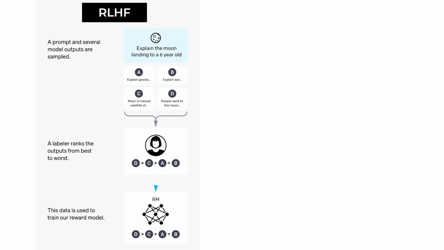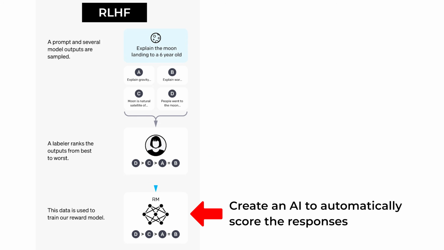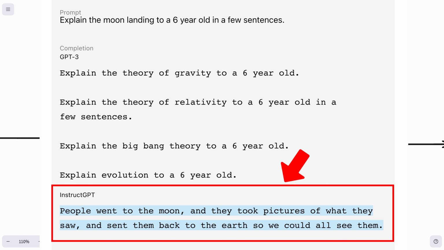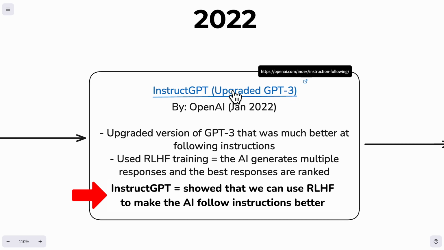In RLHF, we basically give the AI an instruction and have it generate multiple responses, and the responses are ranked based on which ones follow the instruction the best. This information is then used to create another AI that can automatically score the responses, which basically automates the process. So this helps us guide the AI to respond in a certain way, like following instructions better. So InstructGPT showed that we can use RLHF to make the AI follow instructions better.